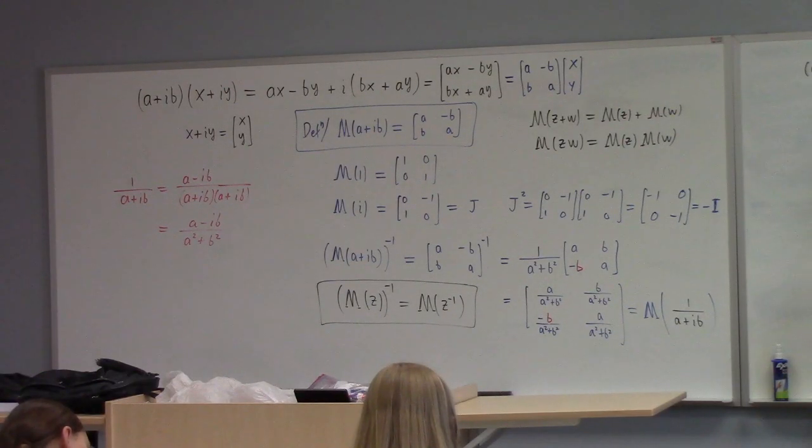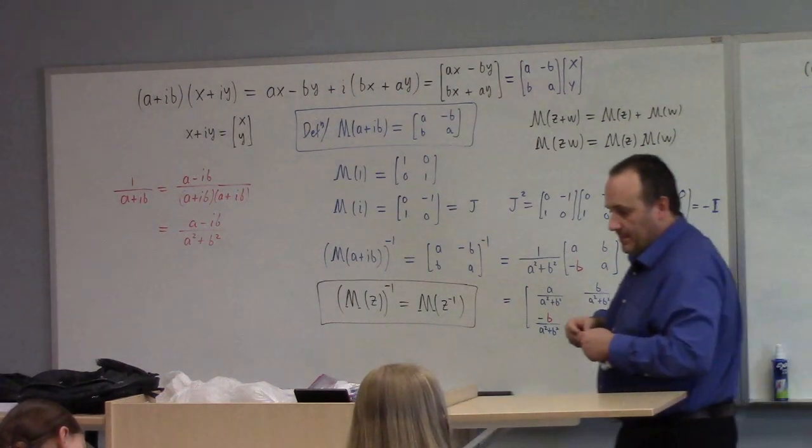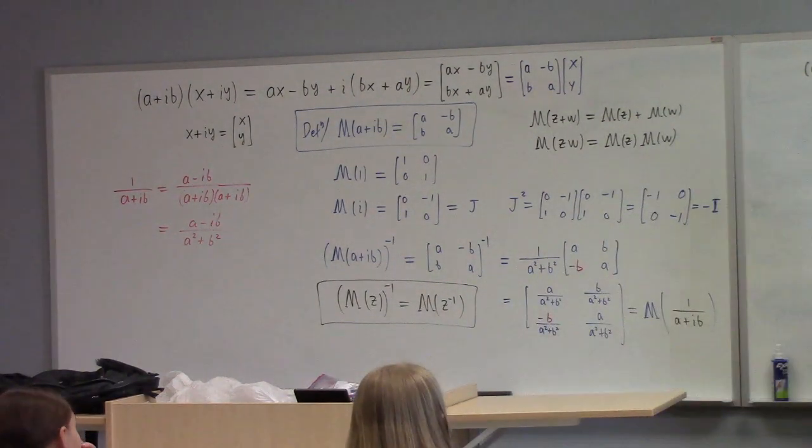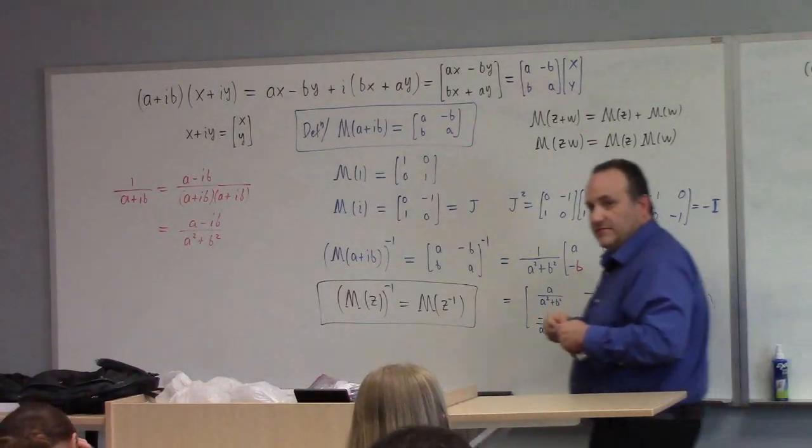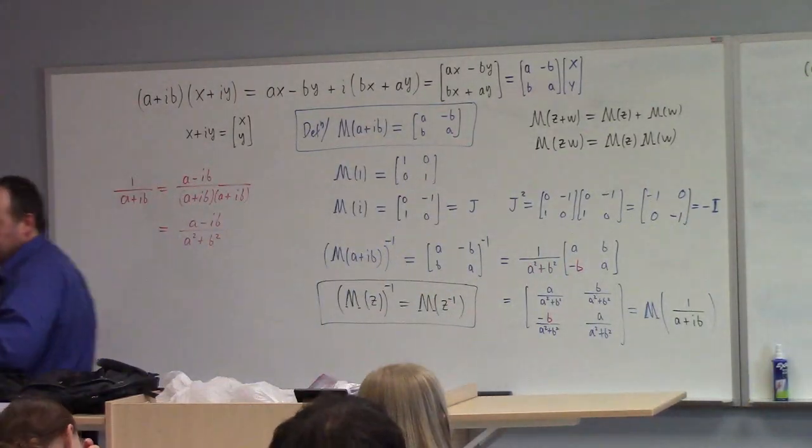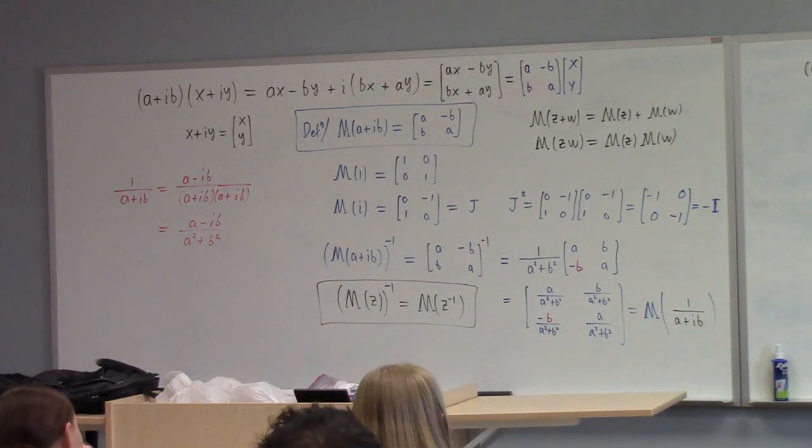Then I get plus, let's say, a times x, all right? And what I'm going to do is I'm going to factor out the i here. So you guys tell me, ax has obviously got an i next to it, right? What would come next?